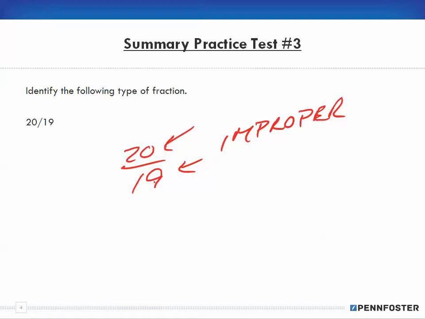What we need to do is divide the denominator into the numerator, so 19 goes into 20 one time, and there's 1 left over, so I end up with a fraction of 1/19. So that's a mixed number, and we need to convert the improper fraction into its proper form, and if necessary, reduce to the lowest terms.